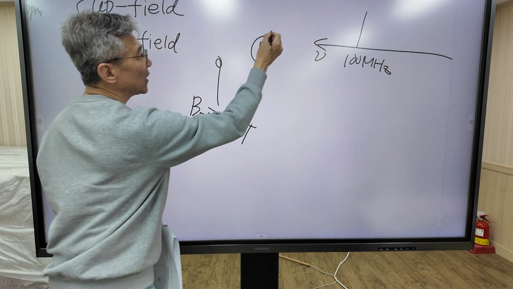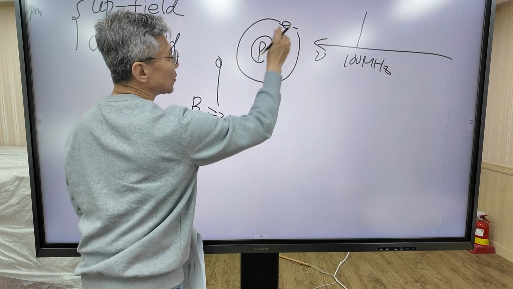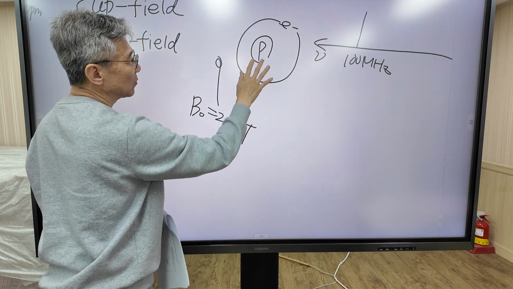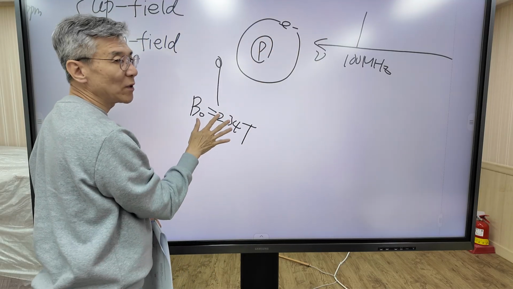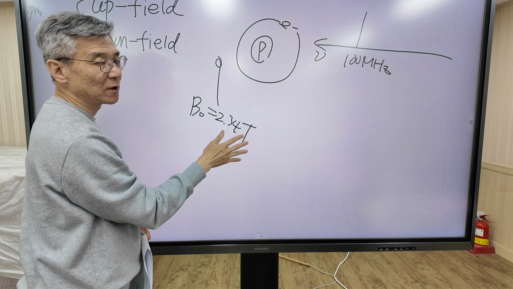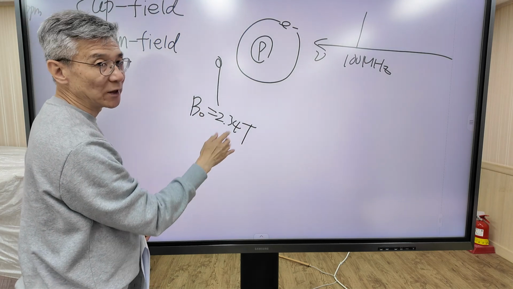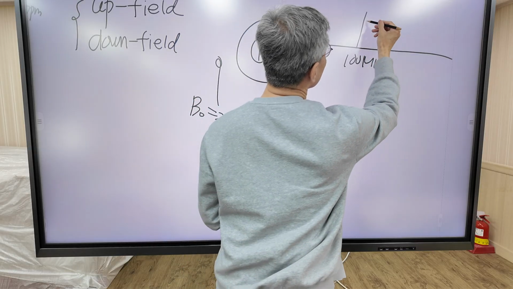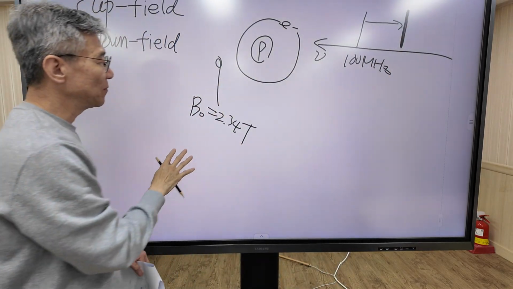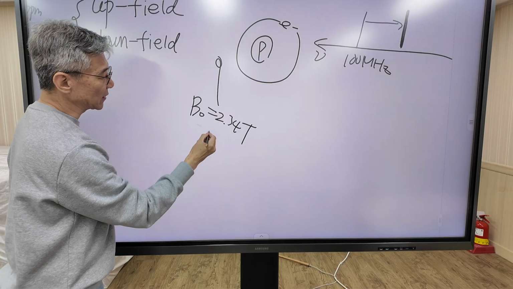But when electrons surround the proton, the electrons shield the proton, so the proton feels a smaller magnetic field. So the transition frequency gets lowered, the transition frequency decreases. So the peak is lowered.